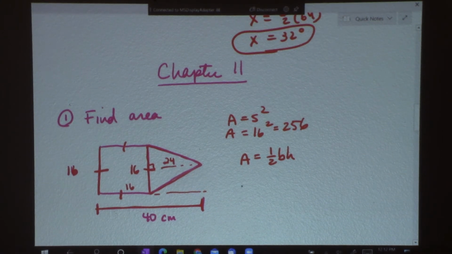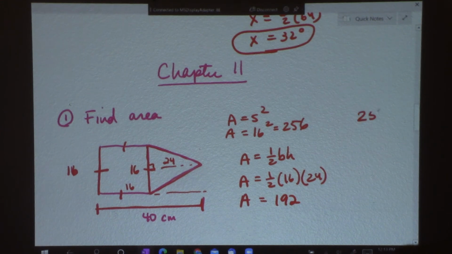Okay, so I'm going to use those. And I have 1/2, and the base is 16, and the height is 24. Okay, so if I work that out, I see that 24 times 1/2 times 16 is 192. So now I'm going to add those two together, and I get 448 centimeters squared.